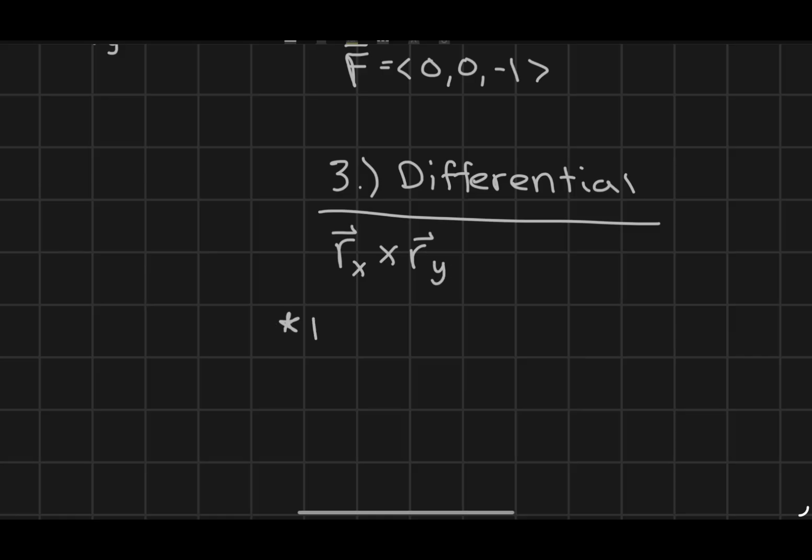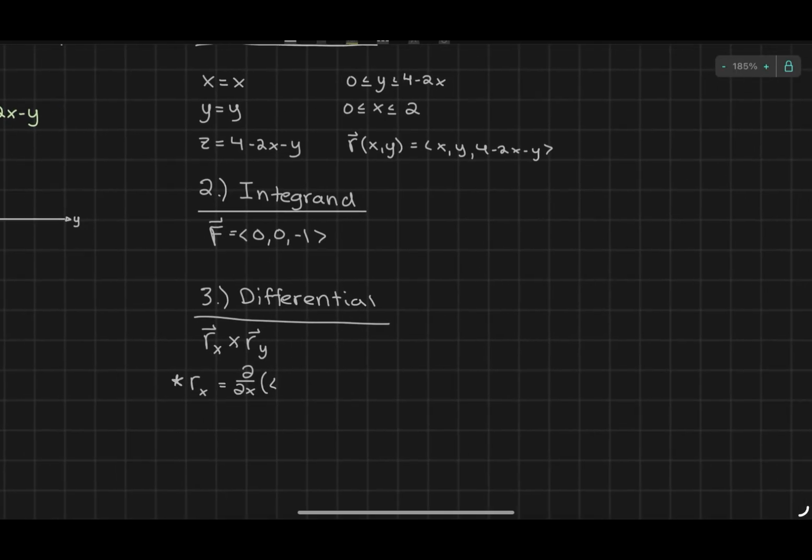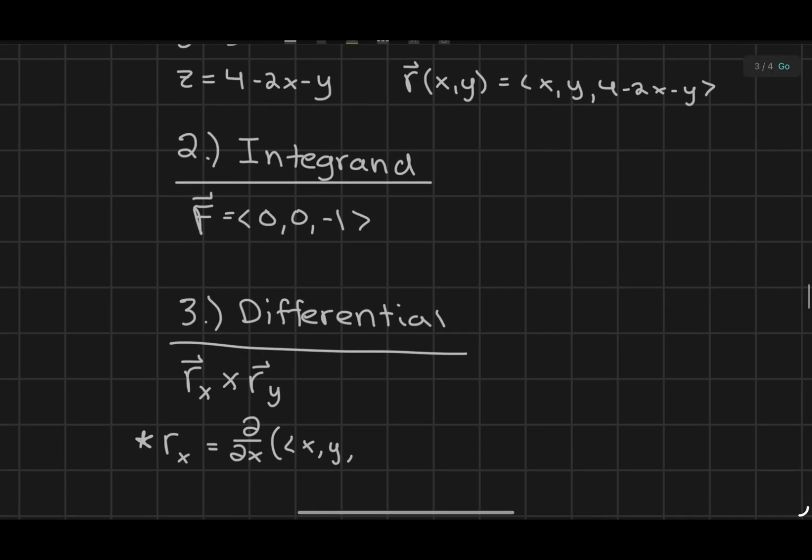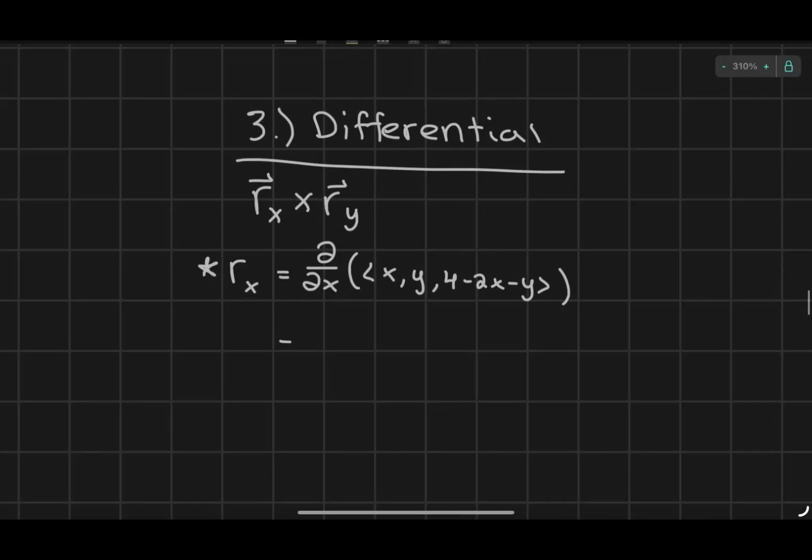Well, our r sub x is going to equal the partial of our parameterized surface, x, y, 4 minus 2x minus y. The partial with respect to x here is going to be, our x component is the partial of x with respect to x, so that's going to be 1.